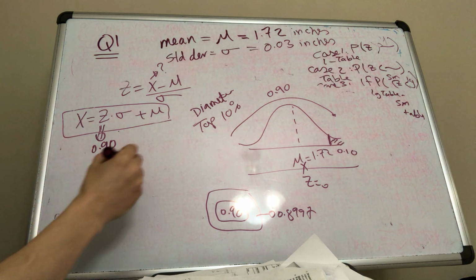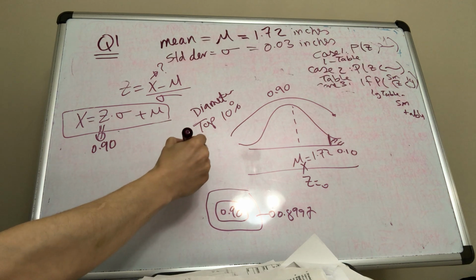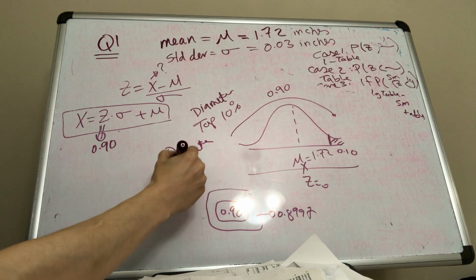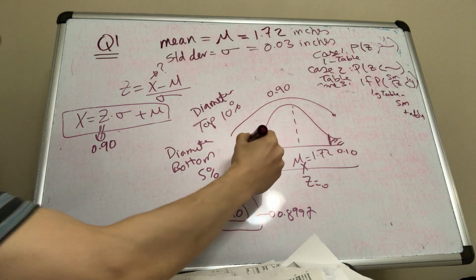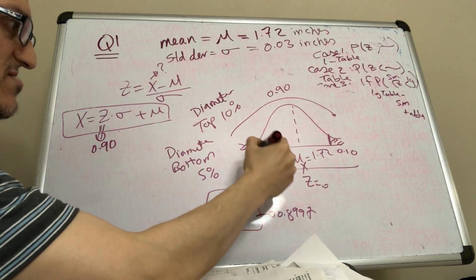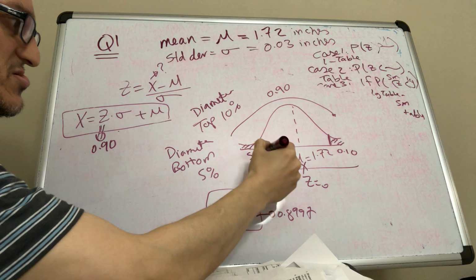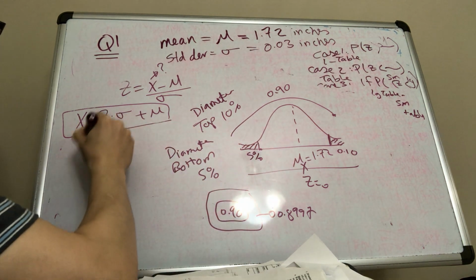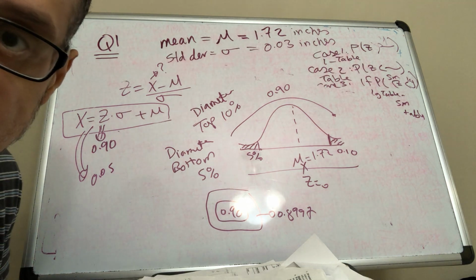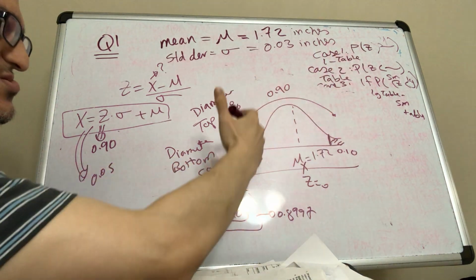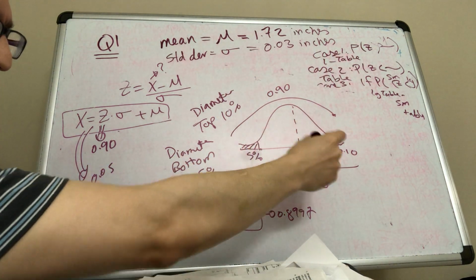They could say, find the diameter, bottom 5%. Then you go, well, this is the bottom. So to get to it, it's 5%. So I need to look for the 5%. So if it's the top, you need to switch because you always read it from the left.